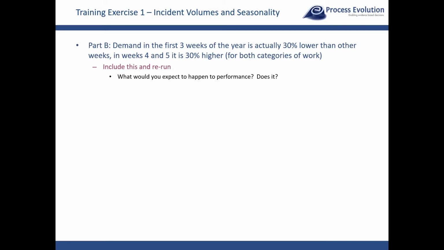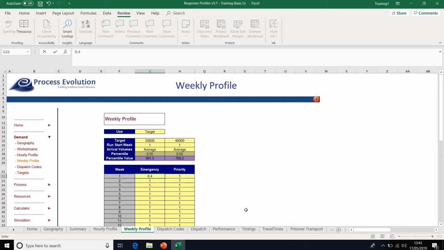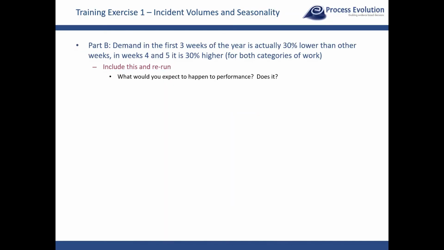So what it said was 30% lower in weeks 1, 2 and 3, and then 30% higher in weeks 4 and 5. So 0.7, 0.7, 0.7, and then 1.3, 1.3. And we have to replicate that for both emergencies and priority. So that's the only change we're being asked to make there.